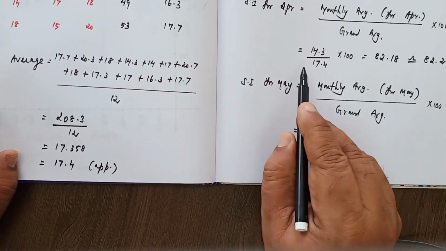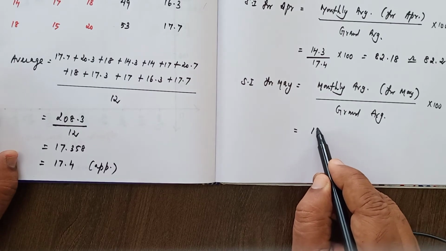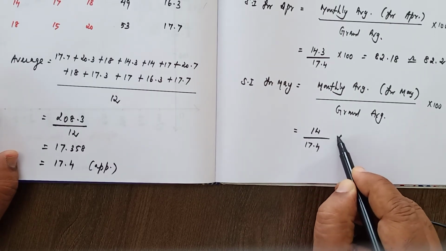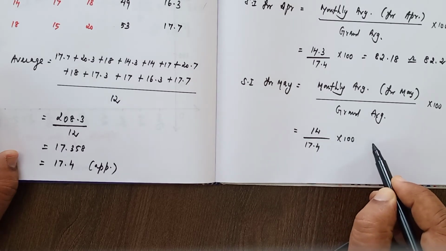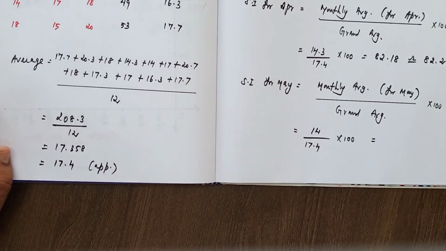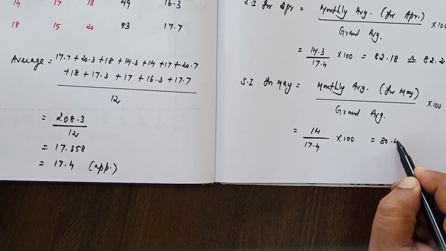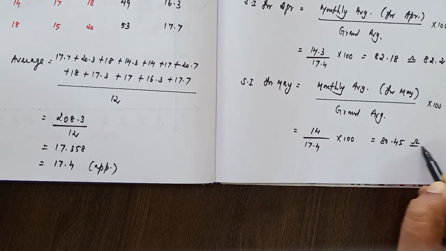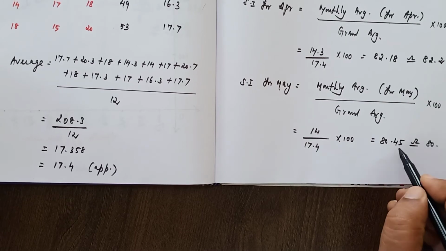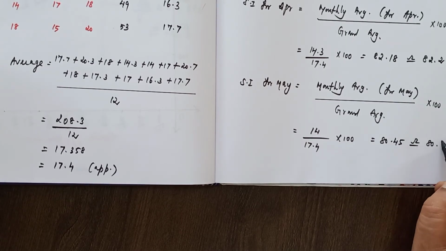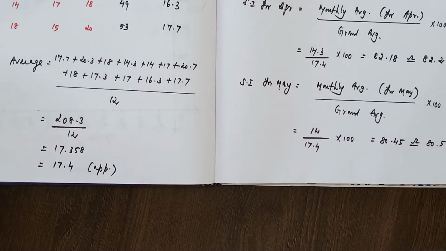The grand average is common for all. 14 divided by 17.4 into 100 equals 80.45. Approximately you can write 80.5, since it is 5, 1 can be added with the previous digit, so 4 becomes 5.